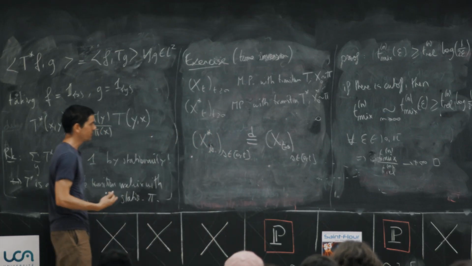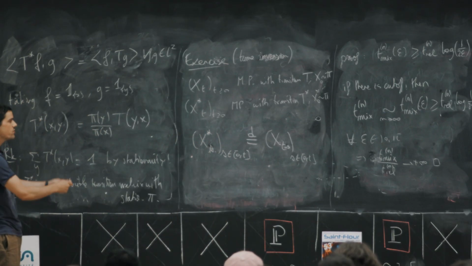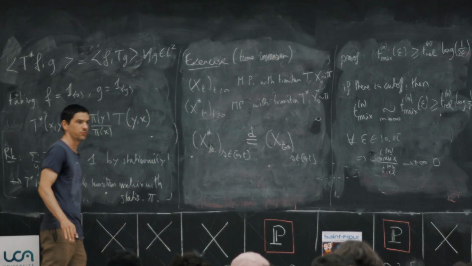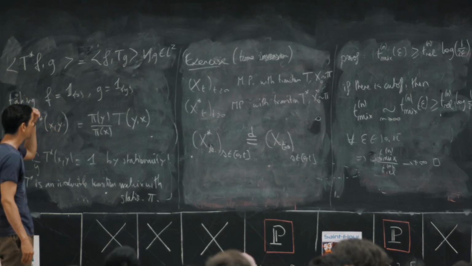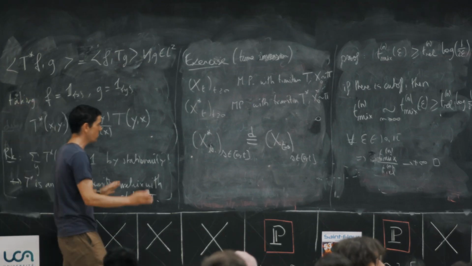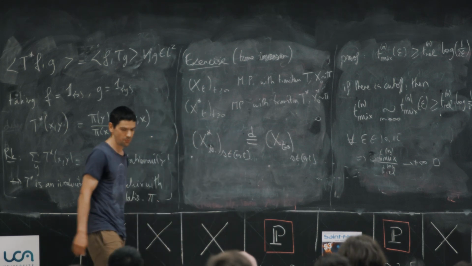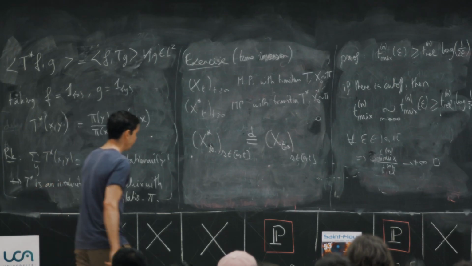So it's really what you do when you apply this abstract definition of adjoint. When you do this on a Markov chain, it's really looking at your process backward in time. Okay? No, it's even more than that. It's really as processes. It's easy to see.